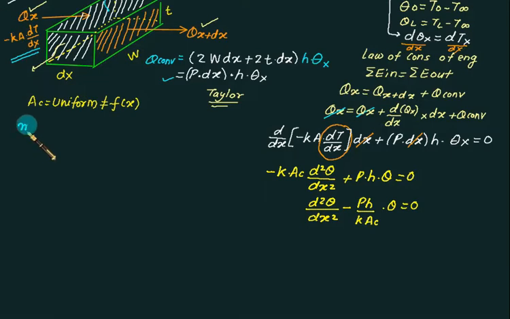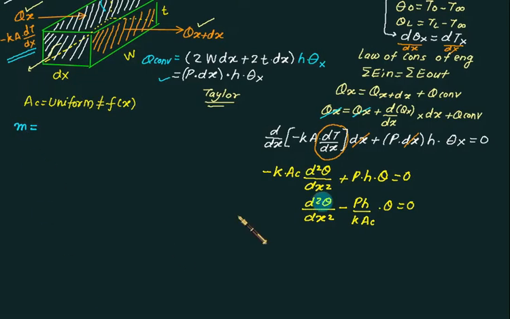Let that parameter be m, and we define m as the square root of P into h upon k into AC. If we square this quantity, you will get Ph by kAC. So we can write d square theta by dx square minus m square theta equal to 0. This is a homogeneous equation.